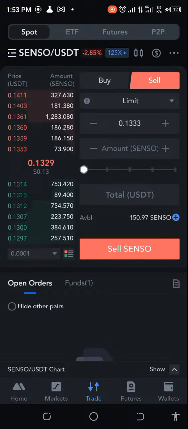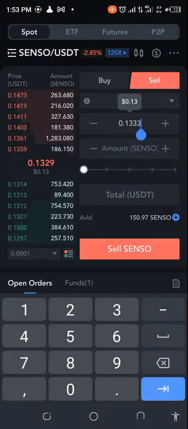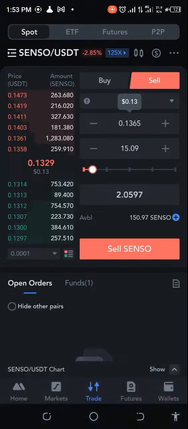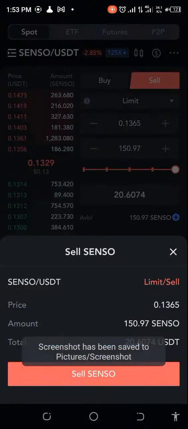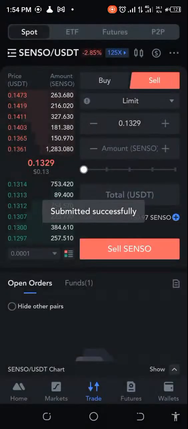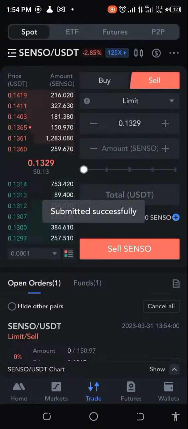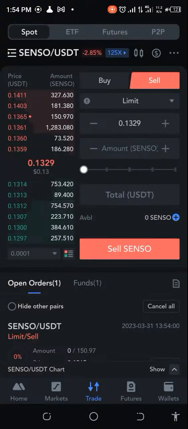So for now, the best I can do is to just set a sell limit for 65. Okay, let's be in the queue and see how long this will take. All right, so we're currently in the queue. What's it currently now? It's 1329.